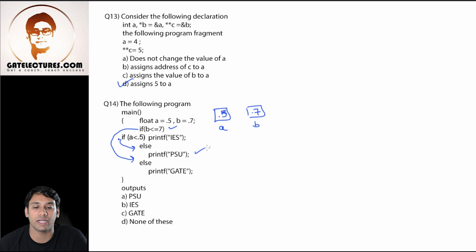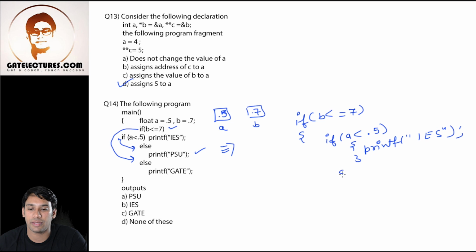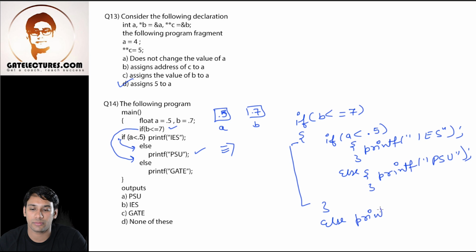So we can write this same program something like this: if b is less than or equal to 7, then if a is less than 0.5, then printf IES, else printf PSU, or else printf GATE.